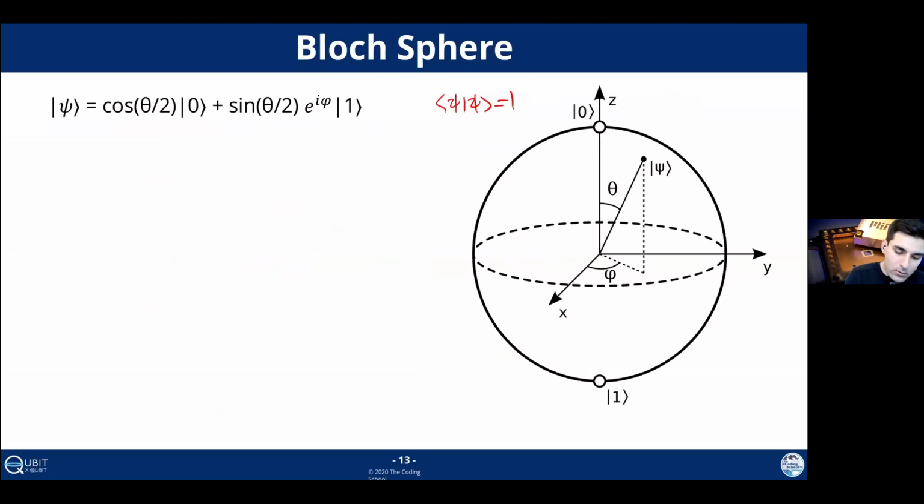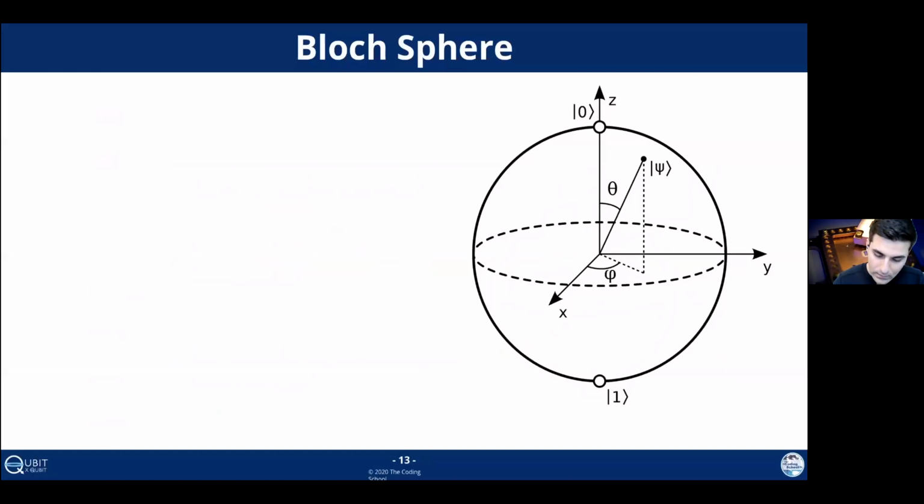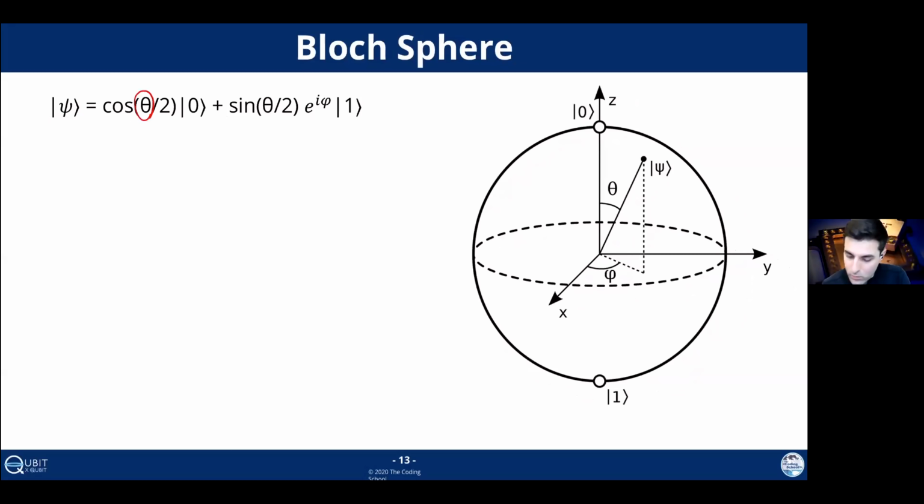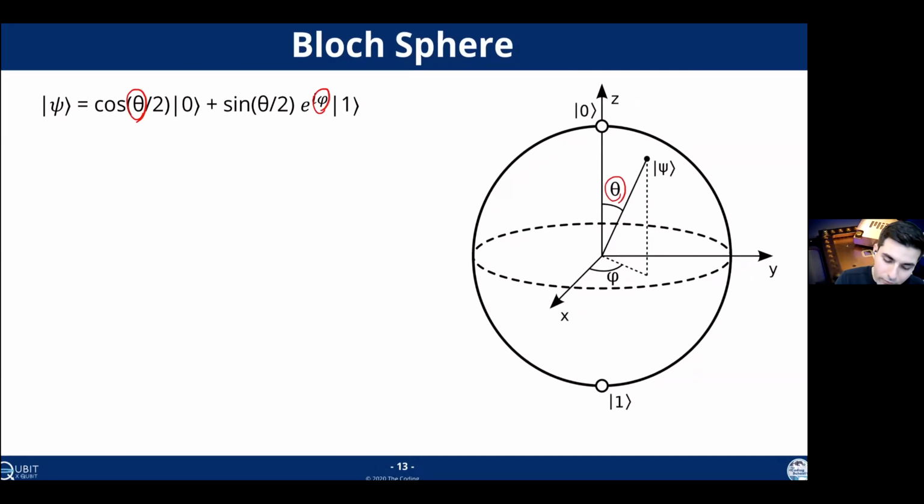And now this angle theta that we have here will just be the angle that our point makes with the z-axis, and the phase angle phi here is going to be the angle that our point makes with the x-axis.